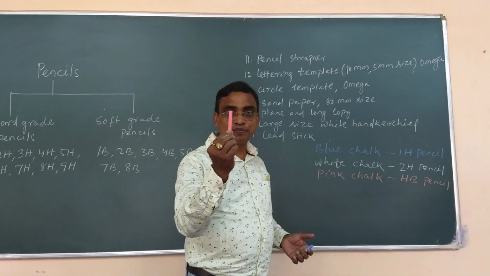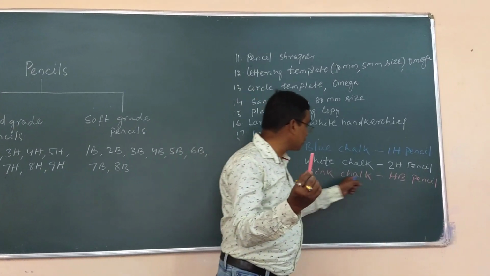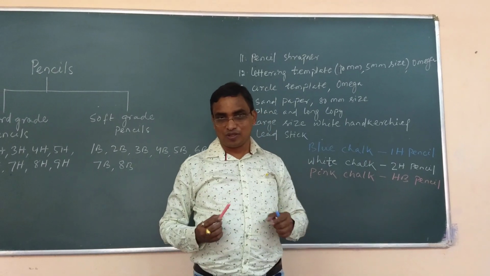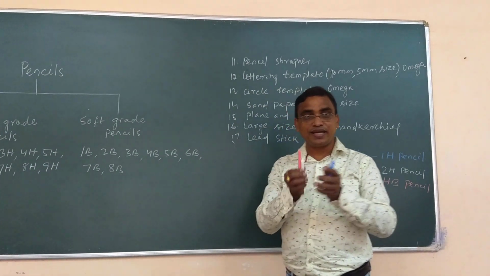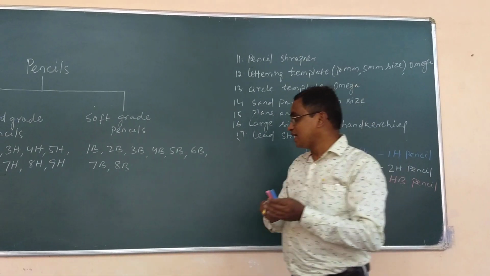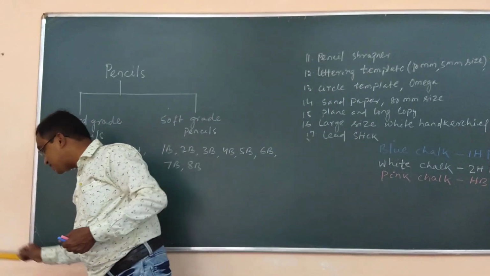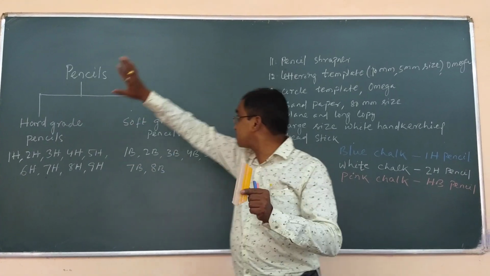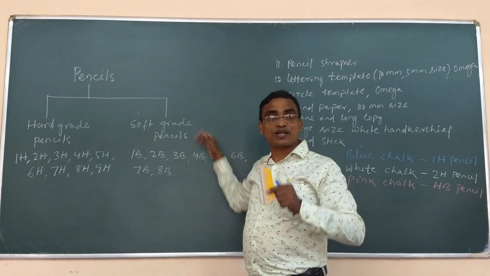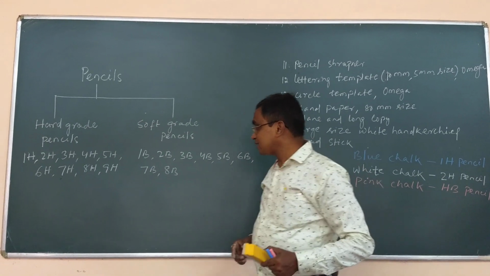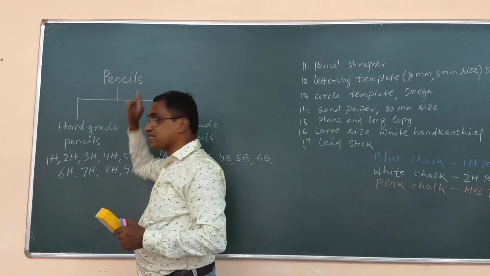Where I use pink chalk, use your HB pencil. So we use 3 different pencils, and this is my large size non-dust eraser, and this is my drawing set. So accordingly you proceed.